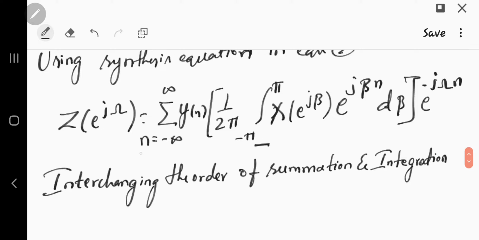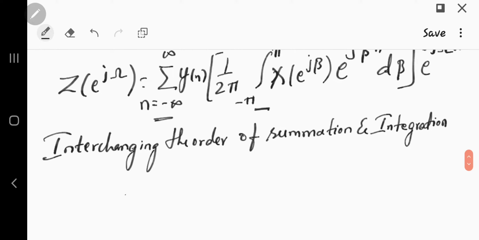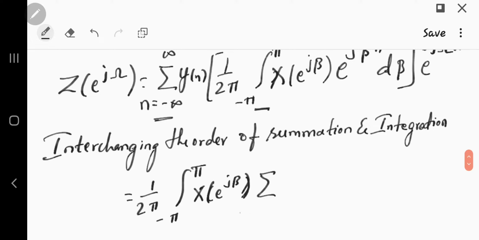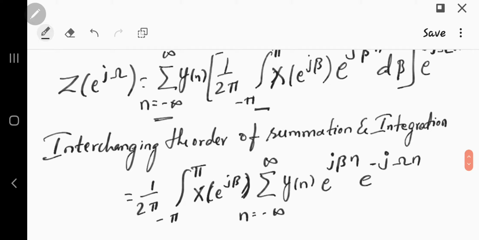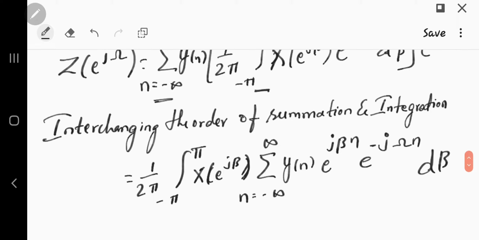So if you interchange this integration and this summation, first I will write the integration minus pi to plus pi x of e power j beta, then summation n equals minus infinity to plus infinity y of n e power j beta n into e power minus j omega n d beta.